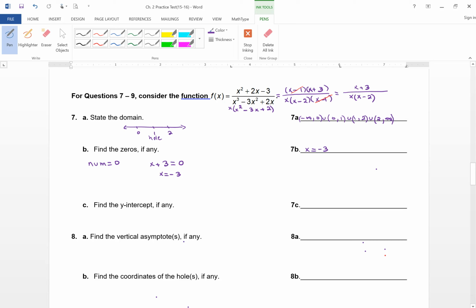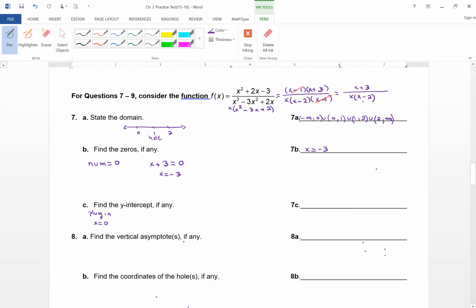The y-intercept, if any. For the y-intercept, you plug in x equals 0. Well, because the first one is the domain. The domain is give me all of the x's where there is a graph. And for that, you want the earlier step, because you want to include all of the points where it doesn't work. By the time we got to here, we lost some of that information.